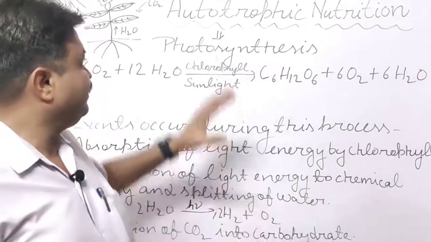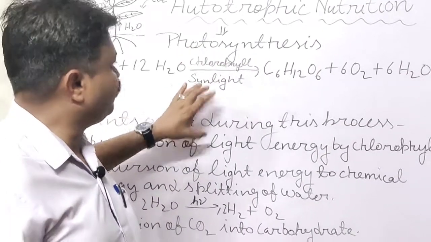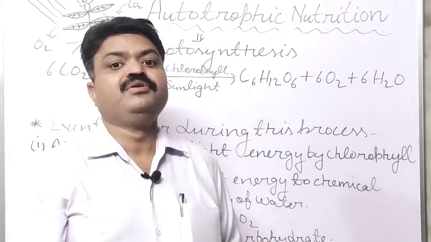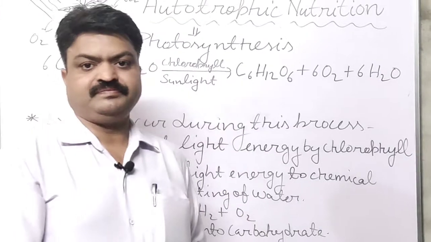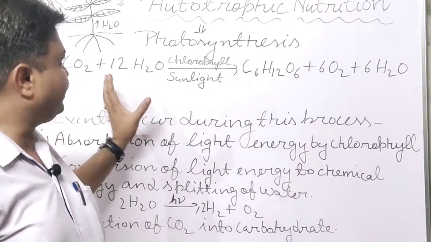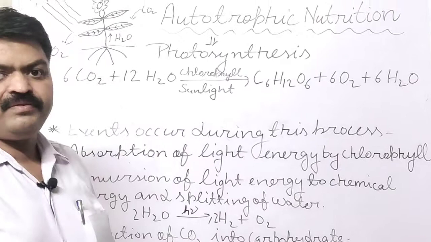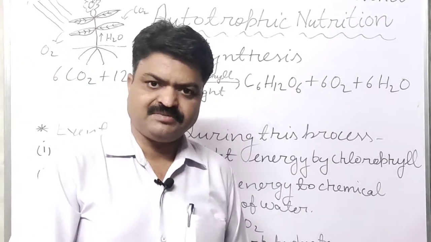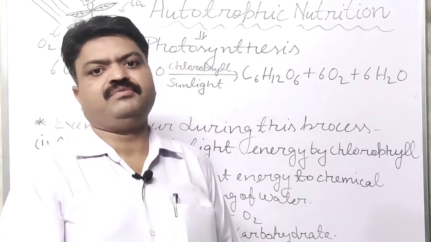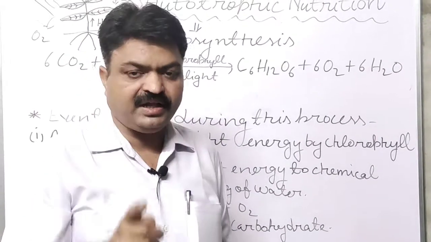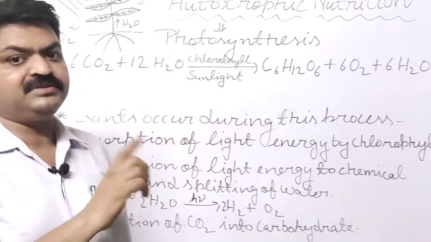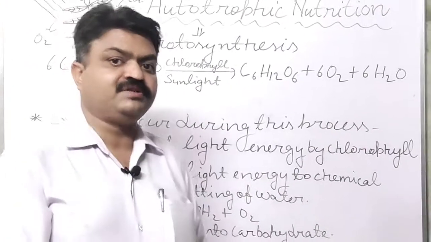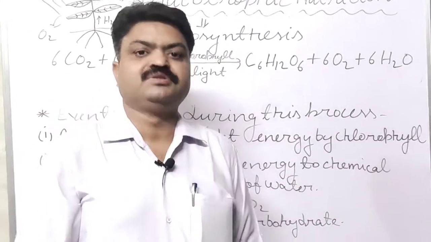So photosynthesis is the important process by which all the living organisms obtain food directly or indirectly. The living organisms that take food directly are the greenish plants, and the other living organisms are herbivores, carnivores, or omnivores, because they are also dependent on the plants.